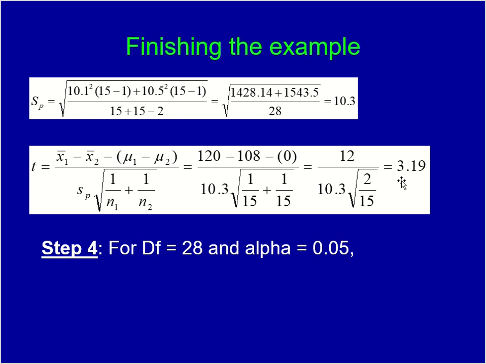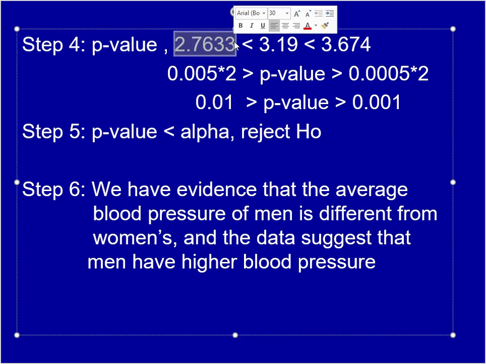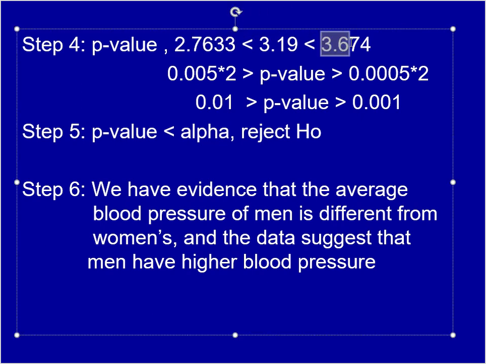Remember, to go from t to p-value, you need to calculate the probability of that t or as extreme as that t. Now, since this t is positive, your p-value is going to be the probability of t greater than or equal to 3.19, and you're going to multiply it by 2, for degrees of freedom 28. You look up 3.19 for degrees of freedom 28, you're not going to find it, but you're going to find 2.7633 and 3.64.